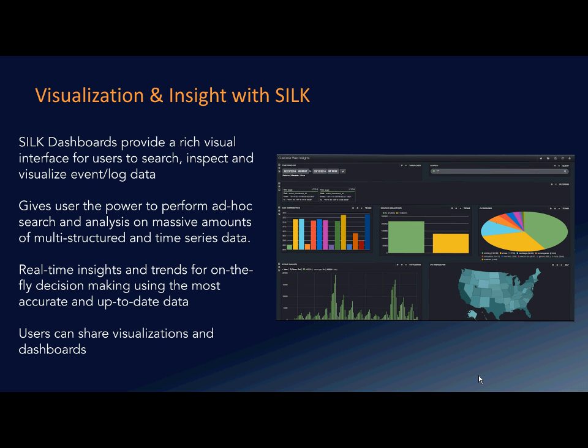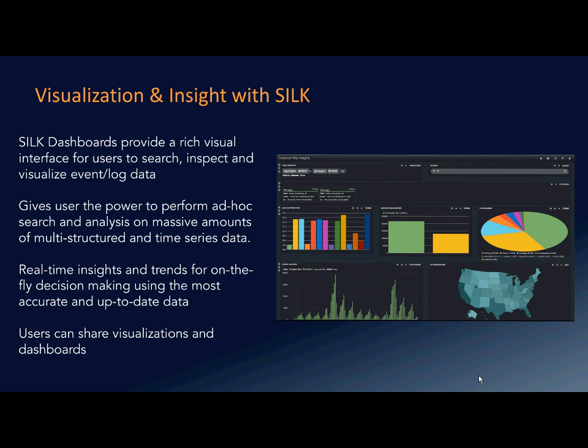And finally, as we get into more of the analytics, there's another product that Lucidworks has called Silk. And Silk has dashboards that provide a really rich visual interface for users so that they can really visualize some of that BI and the event and log data. Silk stands for Solr Integrated Logstash Kibana. And so Logstash is an open source tool for collecting, parsing, and storing logs for future use.